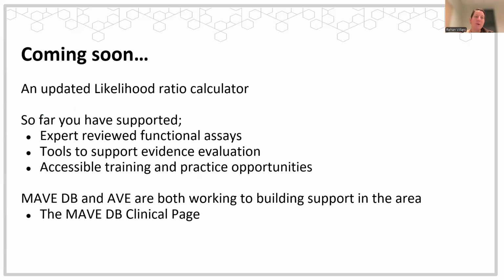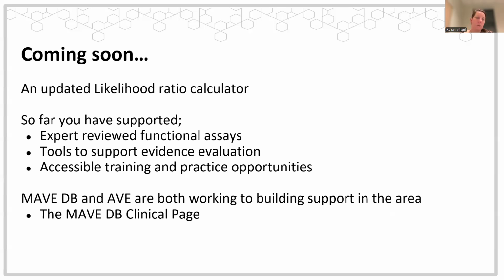Coming soon, we have an updated likelihood ratio calculator. Based on the comments that you've provided within the workshop, we'll update the likelihood ratio calculator and share it with the participants. So far within the MAVE Education Project, you have supported the expert-reviewed functional assays, tools to support evidence evaluation, and increased accessible training and practice opportunities for functional evidence evaluation.